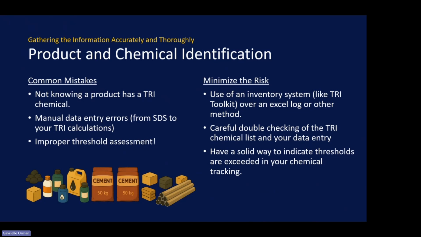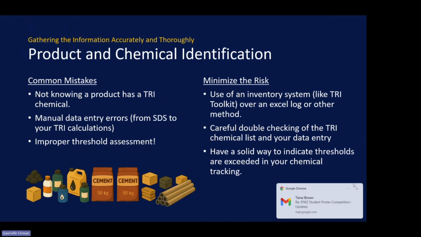Now, the next ones are a little more in the weeds. One common mistake I do see is not knowing that a product has a TRI chemical in it, or assuming it meets de minimis levels and it doesn't. This is pretty common with carcinogenic chemicals where the de minimis is 0.1%.